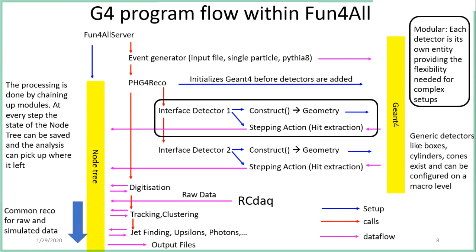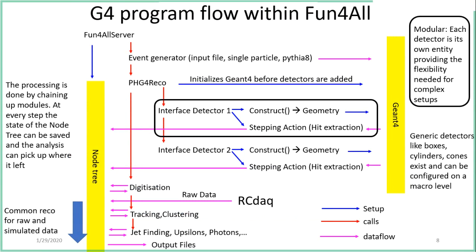Then if you stay within the system, afterwards you basically call the reconstruction. So the next thing you do is you digitize the hits. If you want to read raw data, basically the raw data come in at that point. So after digitization, you hope that you have raw data in memory.